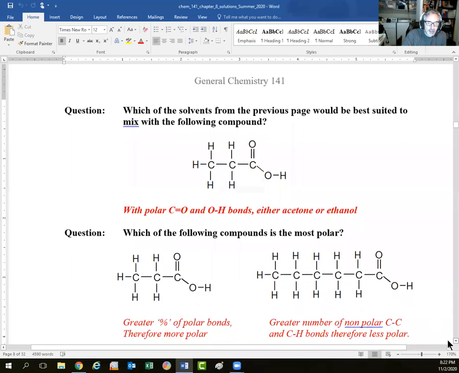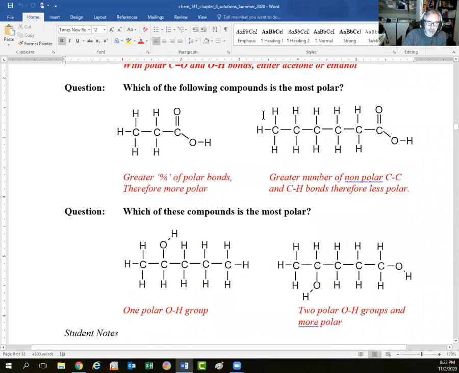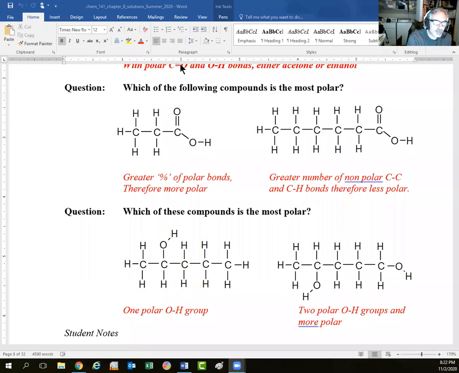Second one, which compound is most polar? And to a degree, molecules are the sum of their parts. So if we look at this first molecule here, there's a part of the molecule which is non-polar, and then the end of the molecule is polar.